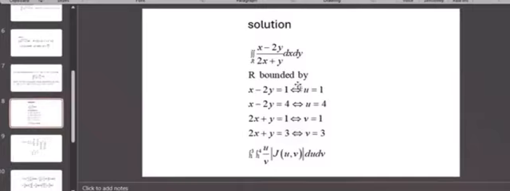So now when you solve this for u, you get 1 to 3, when you're in the UV plane, and then 1 to 4. Okay, we need to recheck that. Okay, so that's in the UV plane.